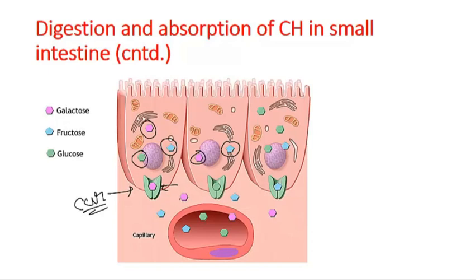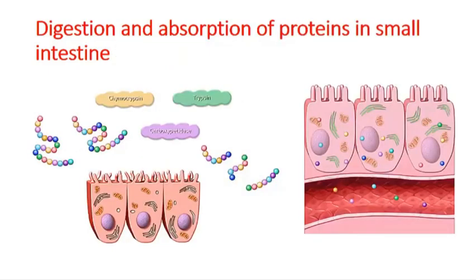Now the second part of the digestion in the small intestine is the digestion of proteins. In the small intestine we have the protease enzymes released from the pancreas, and a variety of proteins and protein breakdown products are formed. For example, trypsin.